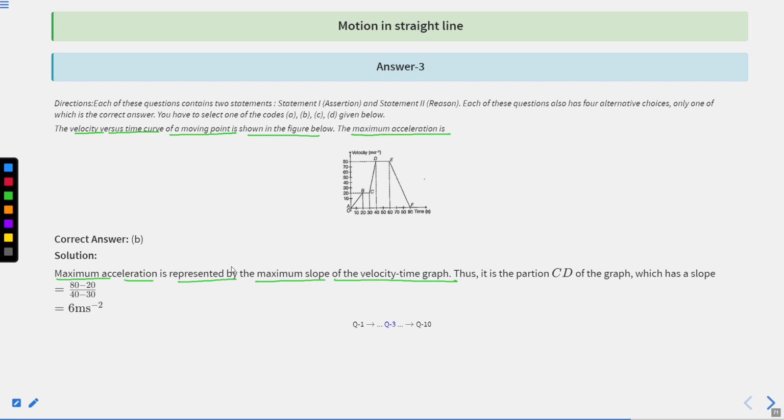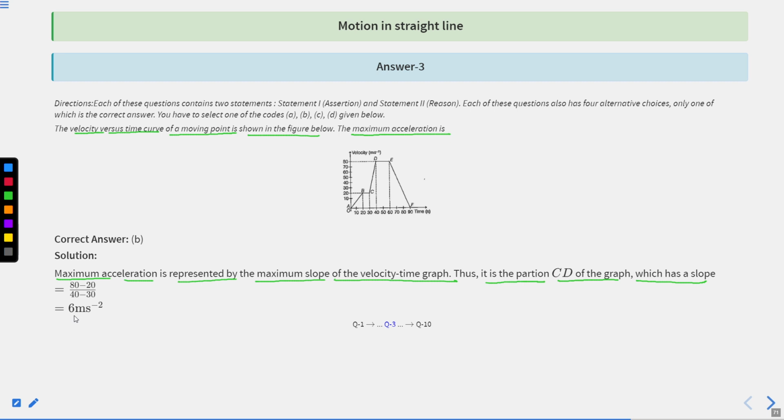Thus, it is the portion shown of the graph which has slope, final minus initial, 80 minus 20 over 40 minus 30.